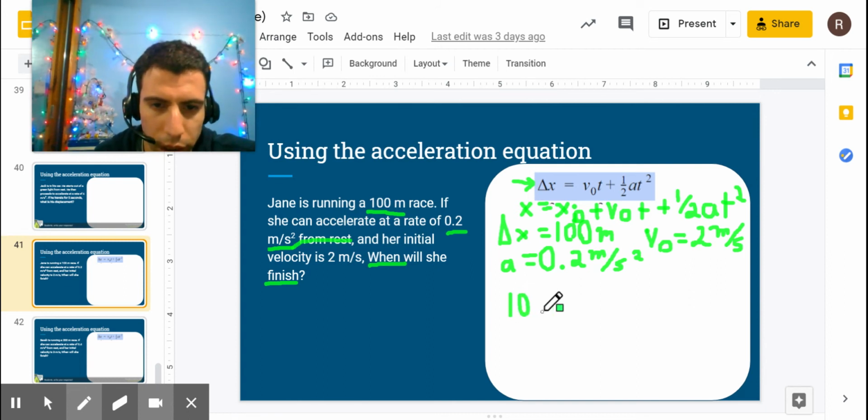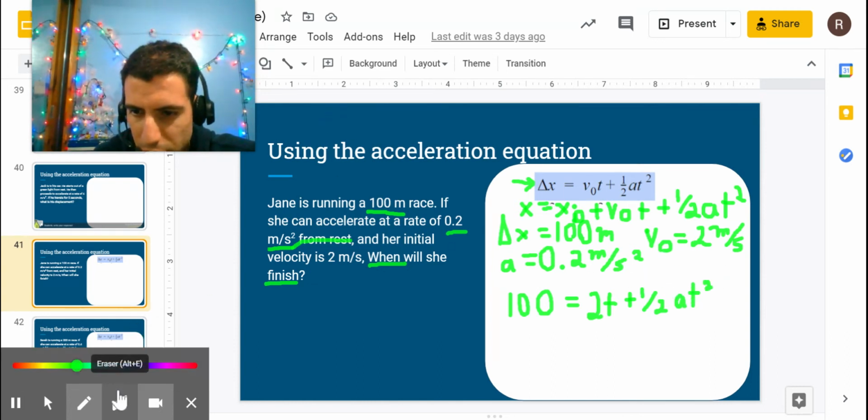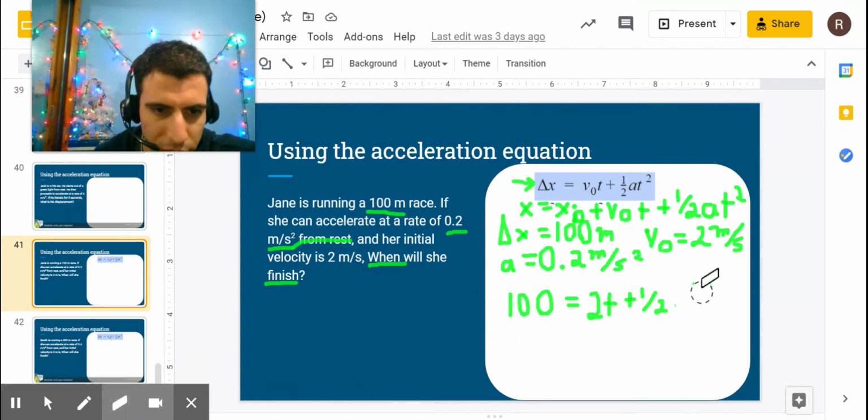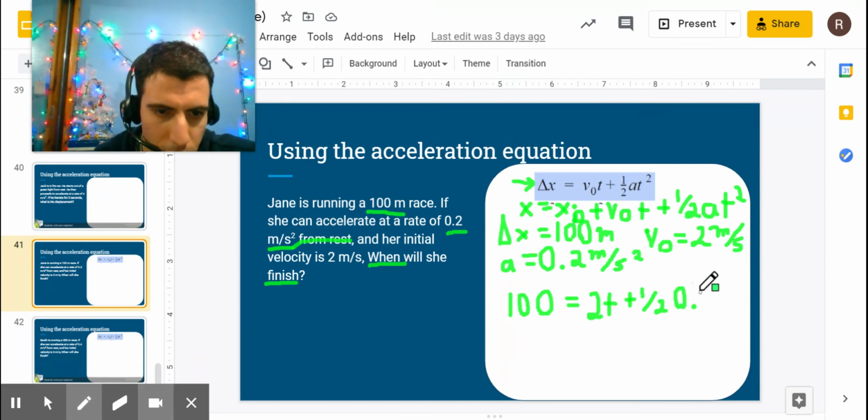I get 100, and I want to solve for time. But you notice what's going to happen here is I get 2t plus 1/2 a t squared, or actually this is 0.2. I'm sorry, I need to erase that. I was just kind of moving through. So 1/2 times 0.2 t squared.